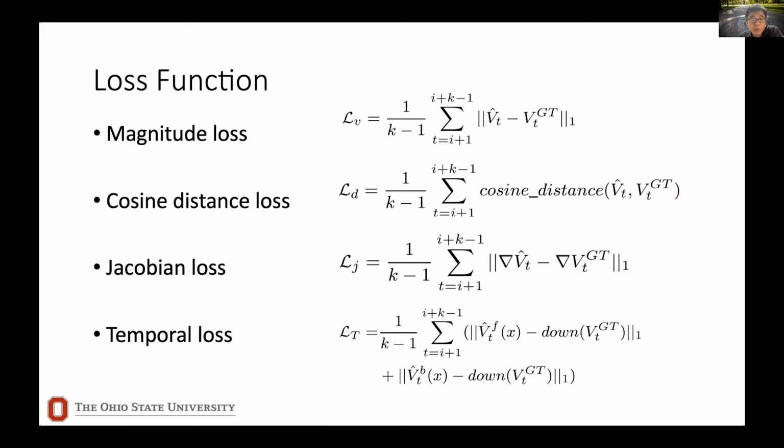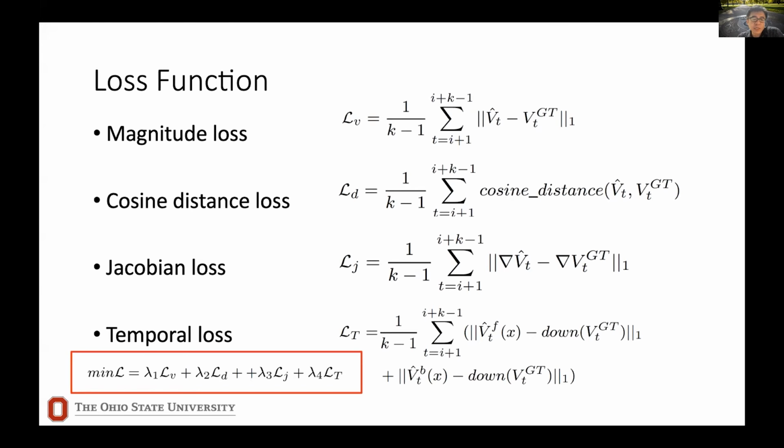This is the so-called Jacobian matrix, and you want to calculate the Jacobian loss. Then there is also the temporal loss, where you look at the time before and after and average to make sure the loss is minimal. So those are the loss functions we use to train our neural network. And eventually you have to combine the loss values together into a final loss before you can do backpropagation.